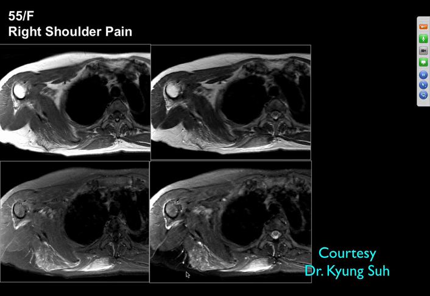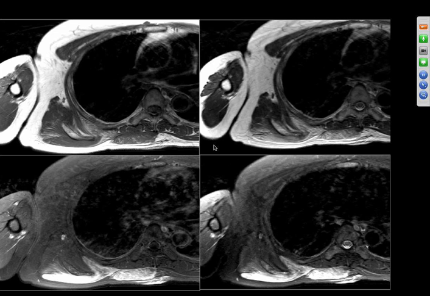So it looks like there's an infiltrated mass invading the posterior musculature, just inferior to the scapula. It's also extending to the, so that's the latissimus, huh? It looks hyperintense on T2, isointense on T1.